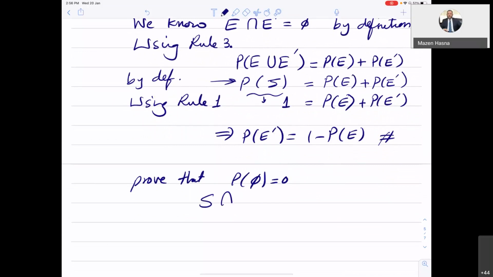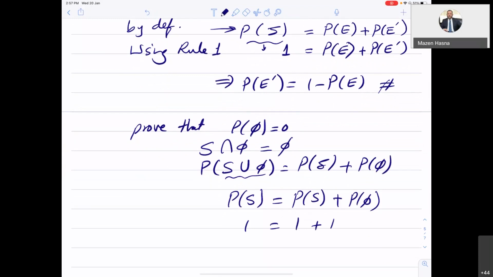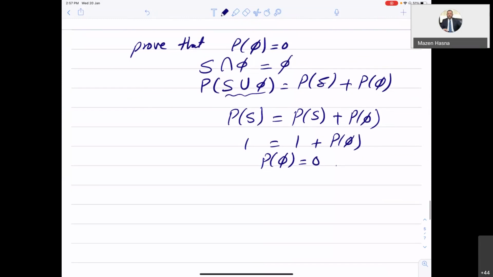We know that S intersect phi is just the empty set, and then based on rule number 3, probability of S union phi equals probability of S plus probability of phi, and we know that S union phi is just S. So probability of S equals probability of S plus probability of phi, so 1 equals 1 plus probability of phi, which means that probability of phi is just 0, and so on.